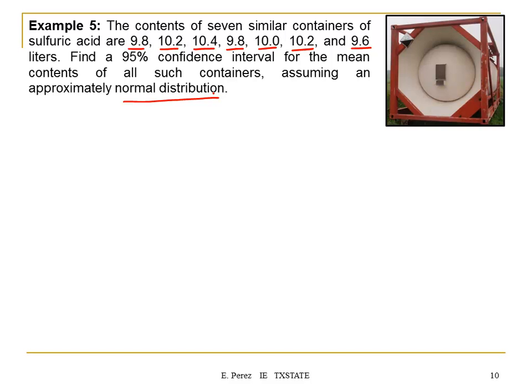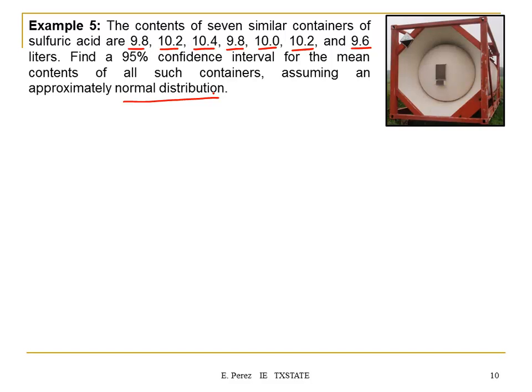Okay, so we know this is approximately normal, so the t distribution shares that shape of the normal. What will be the first thing you will notice in this problem? Do you have the population mean? No, we just have the information of 7 containers. We don't have the population mean, we don't have the population standard deviation or the population variance. So those parameters need to be estimated.